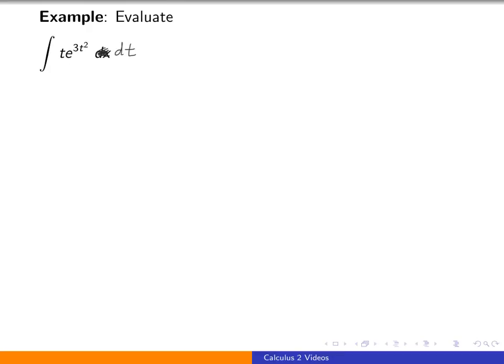So let's evaluate the given integral. Once again, especially because of this t out front, I can't compare it directly to our table of antiderivatives. There's no obvious algebraic simplifications, but there is this inside function that could certainly play the role of u for a substitution.